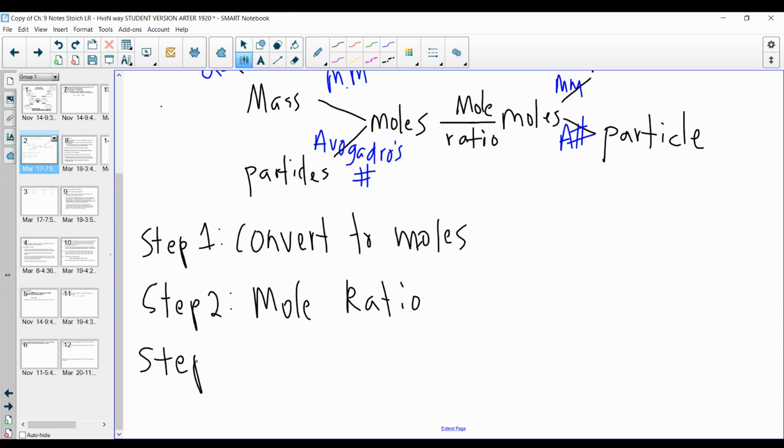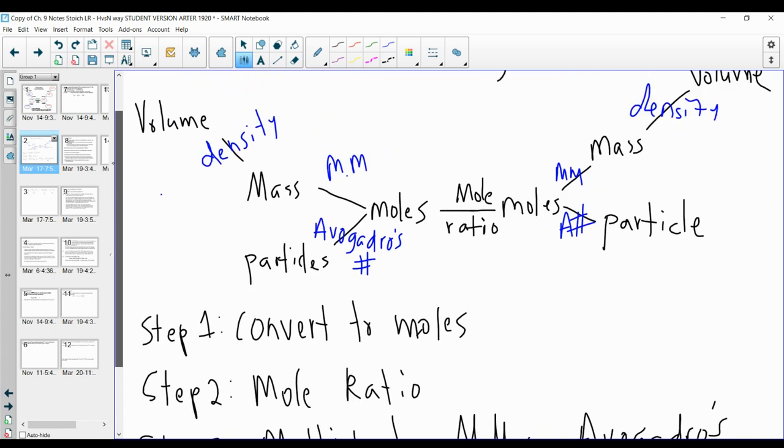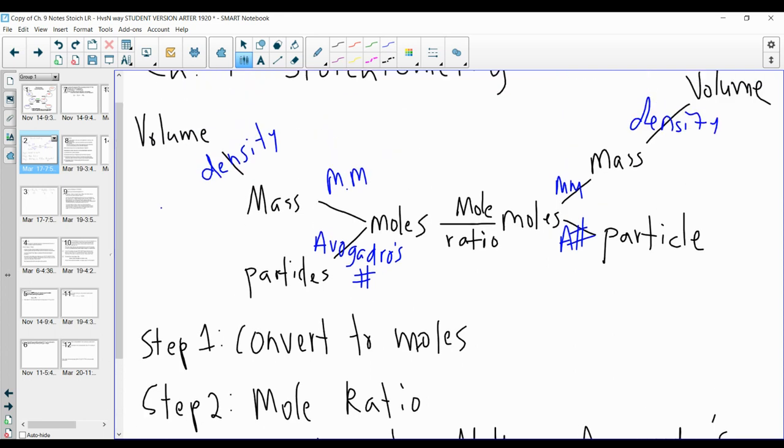And then our final step three is going to be to multiply by either the molar mass or Avogadro's number, depending on what it is that we want our final answer to be in. So basically for these stoichiometry related problems, we're going to be looking at a balanced chemical equation, figuring out what we need in order to make the conversion to where it is we want to go.